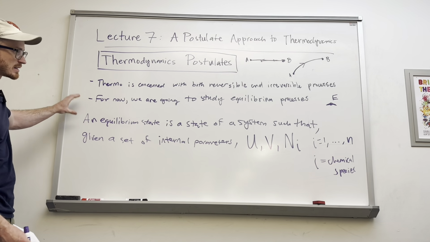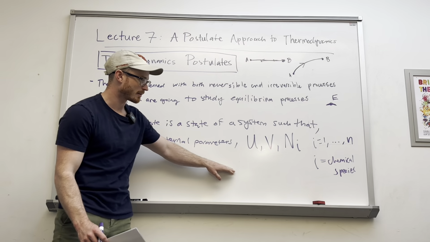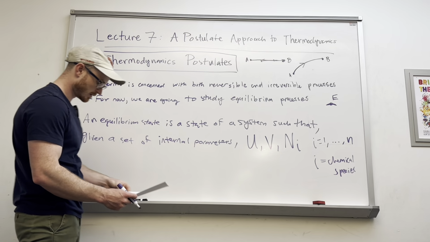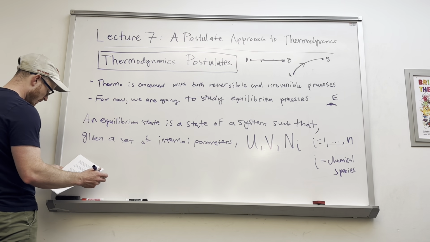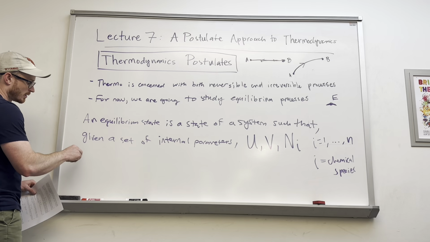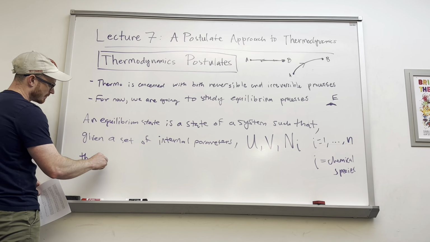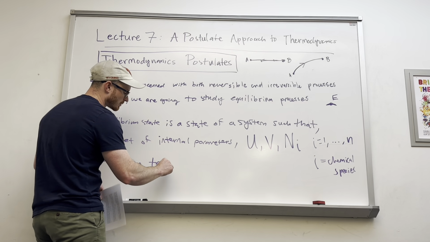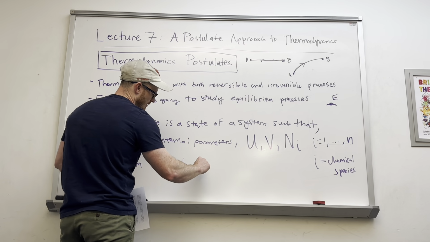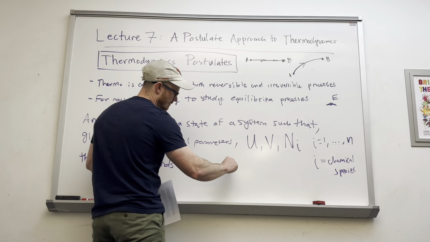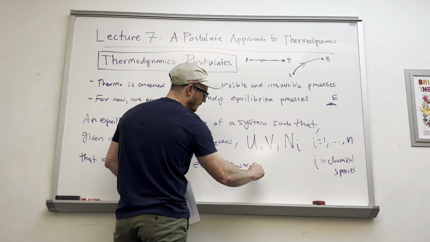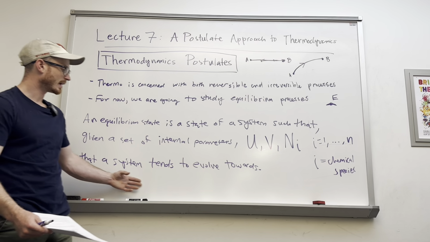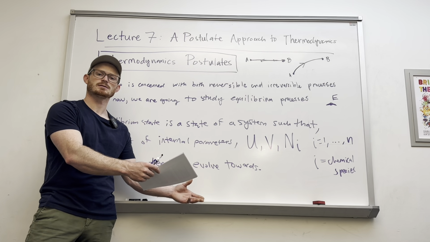So an equilibrium state is a state of the system such that, given a set of internal parameters, the internal energy, the volume, and the number of particles of each type, a thermodynamic system tends to evolve towards it.